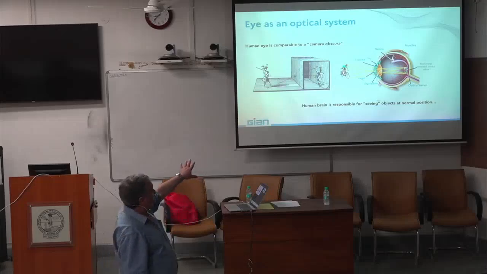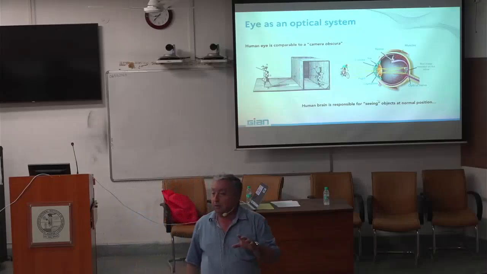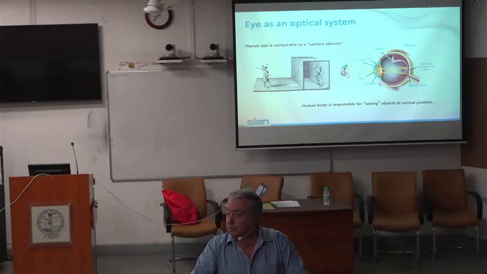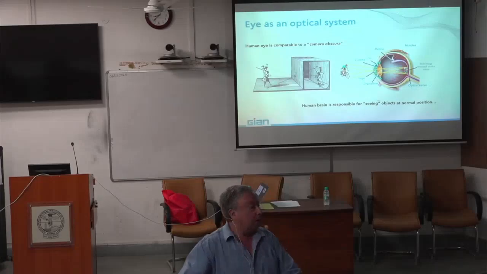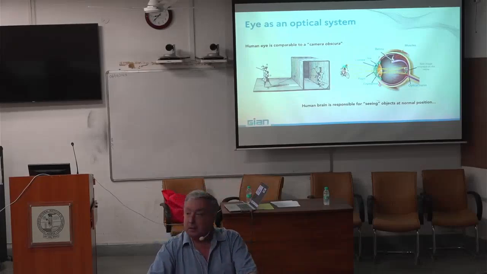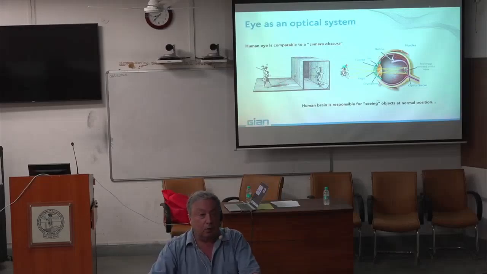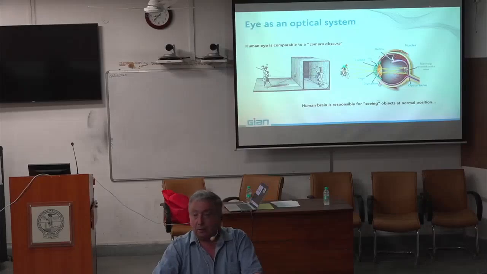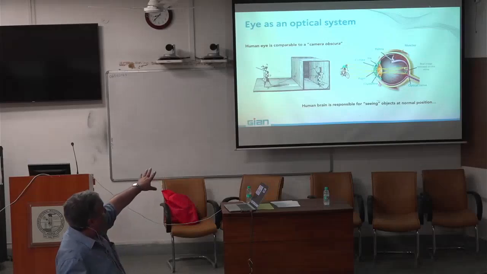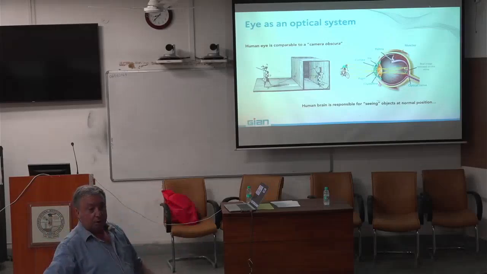Okay, that was a principle that has been known since Renaissance times. We're speaking about the 15th century. And in fact it was used by painters and artists to paint landscapes. We call that the camera obscura. It's a big box.